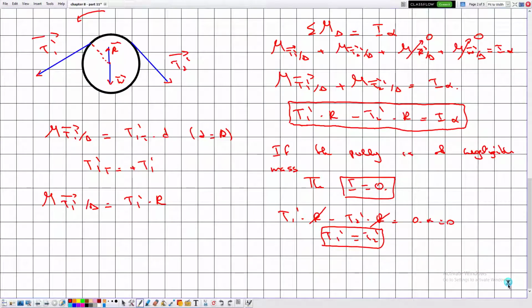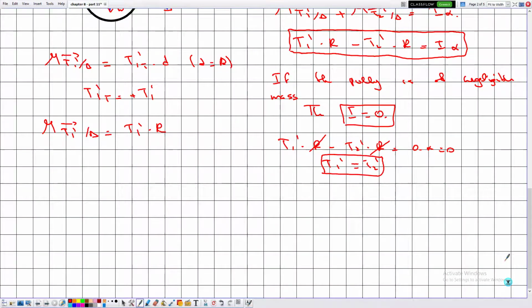The third note that I wanted also to discuss is the tension causing moment.